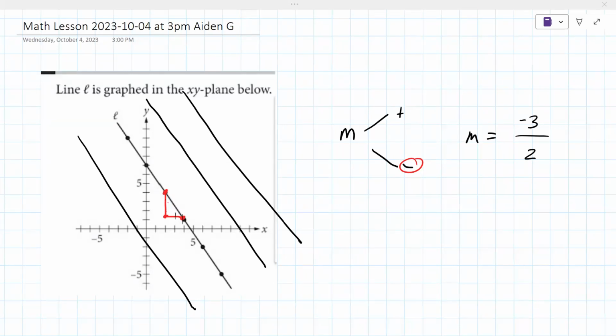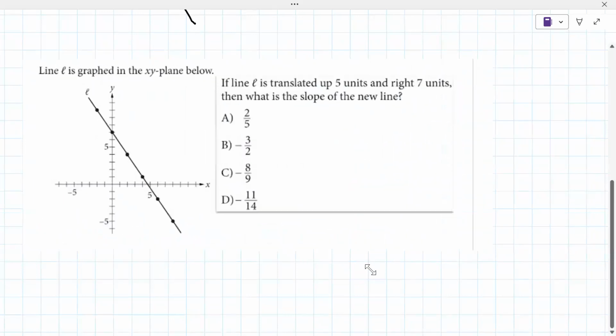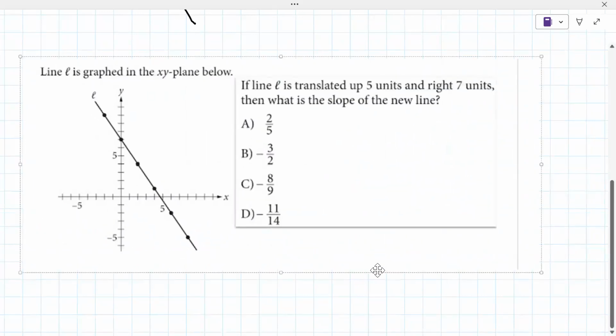So the actual question, I'll put the actual question in front of you now. It says, if the line is translated up 5 units and right 7 units, what is the slope of the new line?